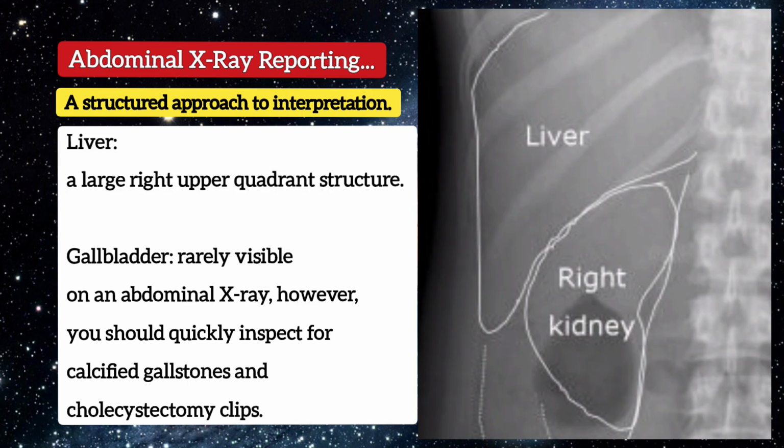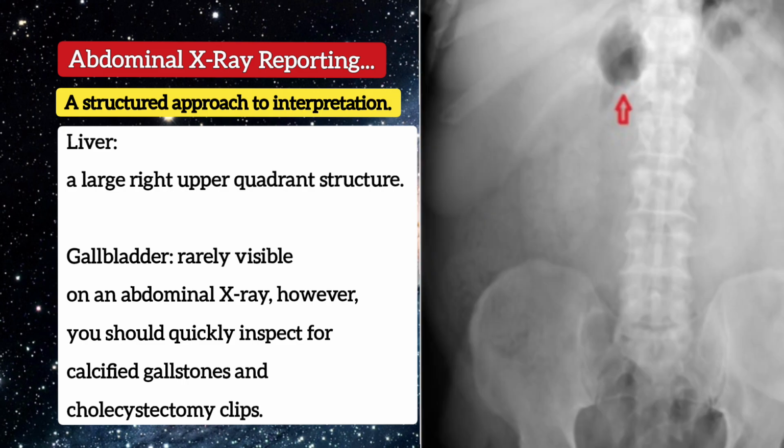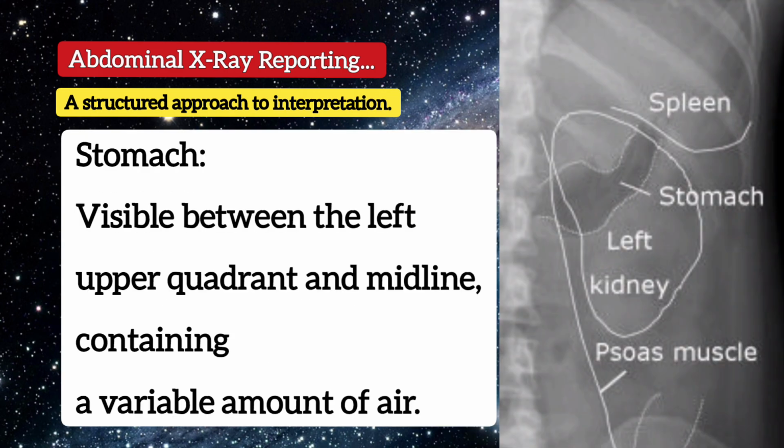Liver. A large right upper quadrant structure. Gallbladder. Rarely visible on an abdominal X-ray, however, you should quickly inspect for calcified gallstones and cholecystectomy clips. Stomach. Visible between the left upper quadrant and midline, containing a variable amount of air.